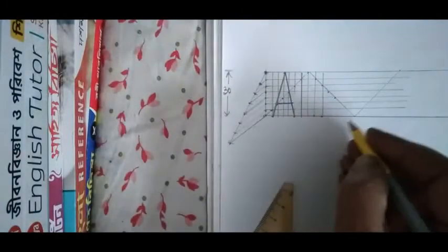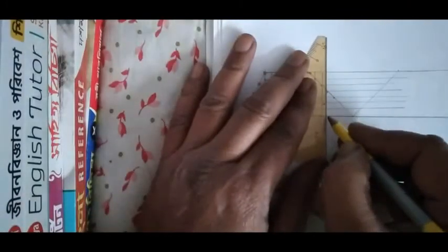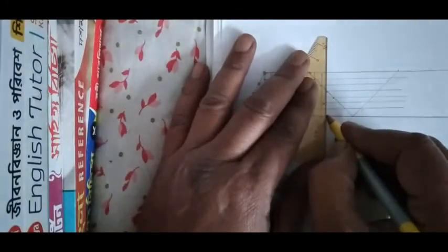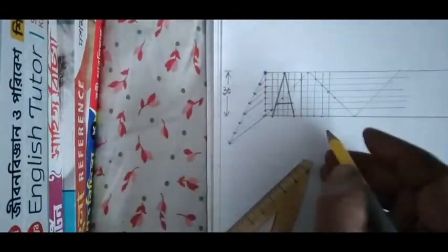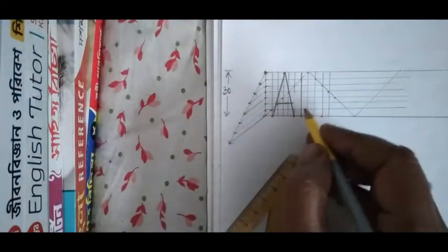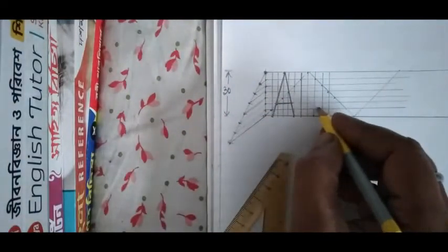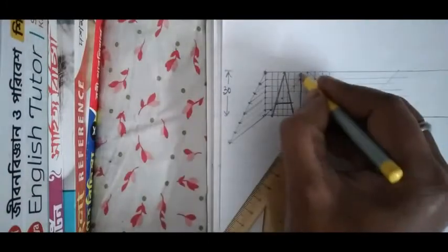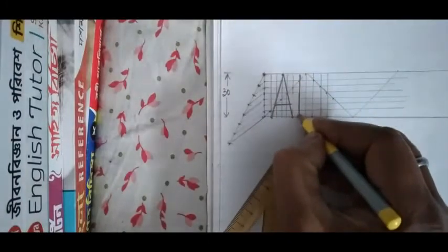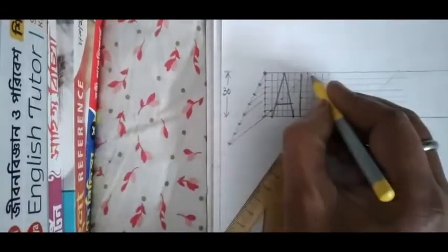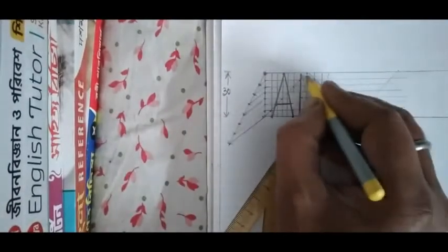So take another 3 and 4 boxes to draw, 1, 2, 3, 1, 2, 3, 4. So this is the B. You have to draw B, and this is the half. So take 1, 2, 3, 4.